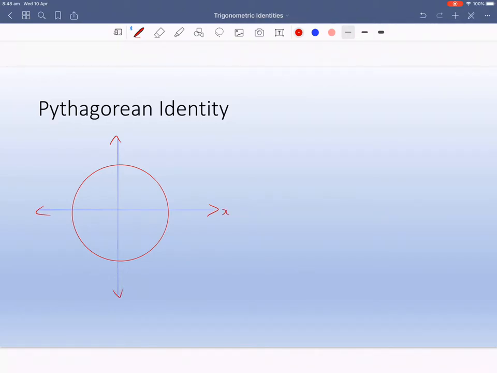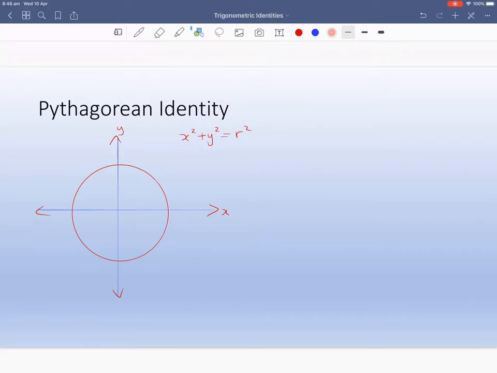So this is x and this is y. And so I could write this down as x squared plus y squared equals r squared, because it's a circle. I need to understand that it is a circle.